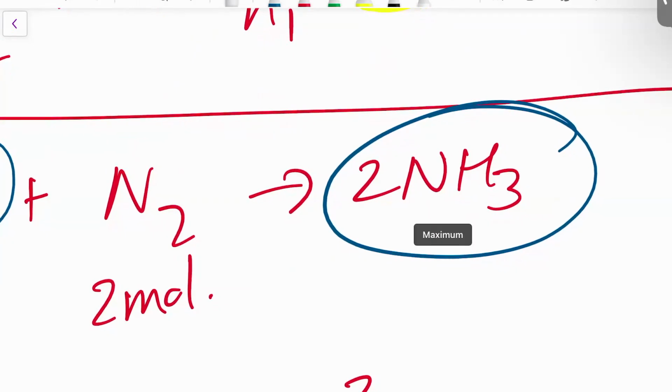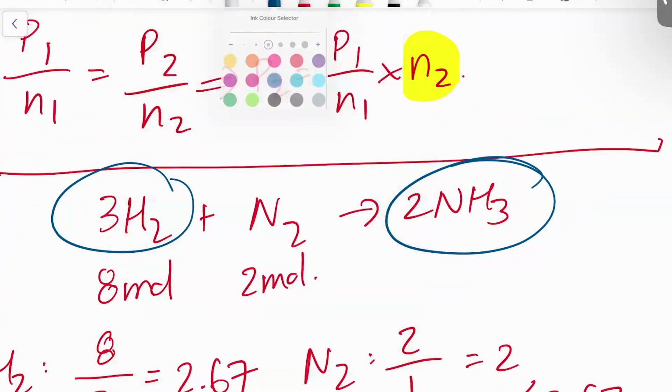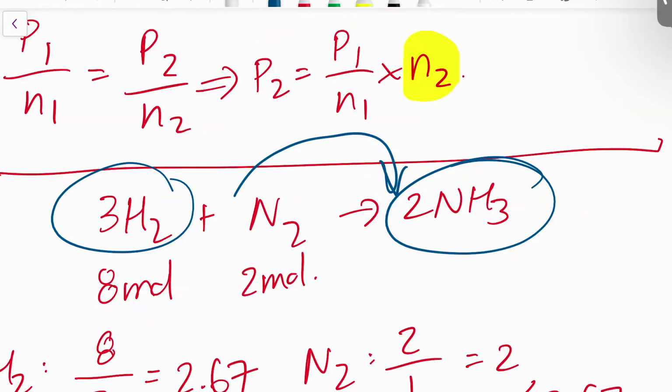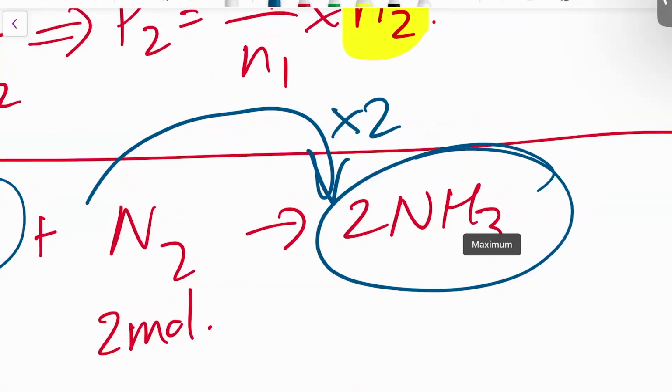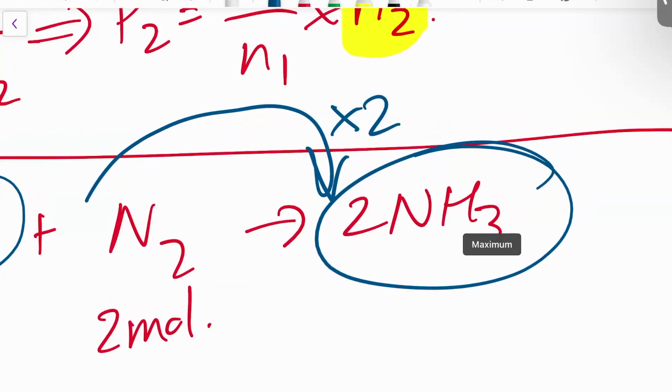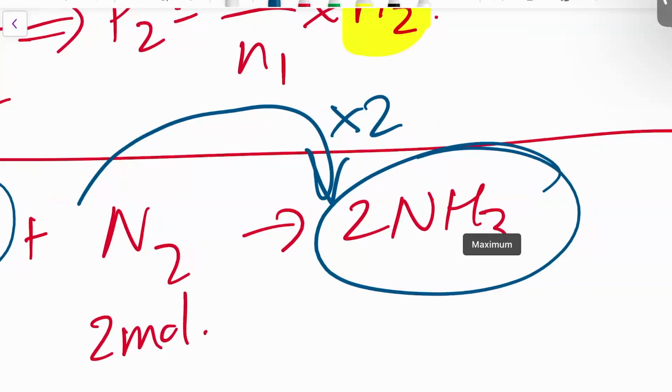Yeah, 1 to 2 or 2 to 1, depending on how you read it. But I'm going to the NH3, so I'm timesing by 2. So then, guys, if your limiting reagent is 2 moles of N2, how many moles of NH3 are there? It's a 1 to 2 ratio. Times by where you're going. 2 moles, 2 moles.